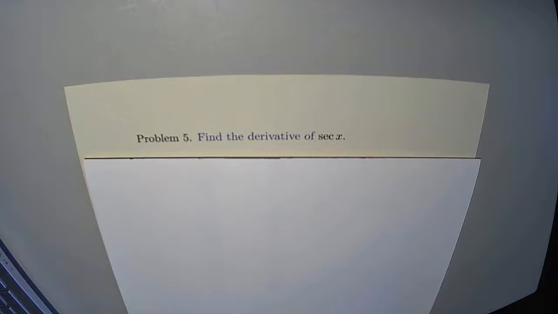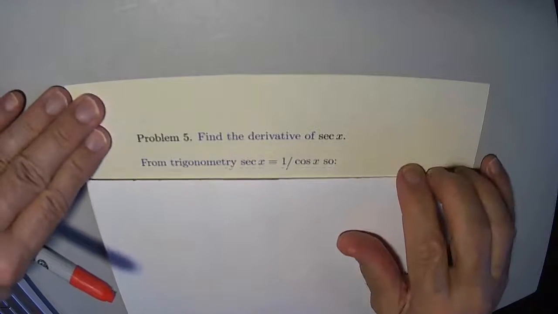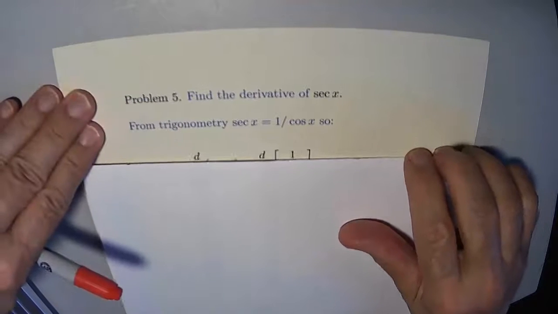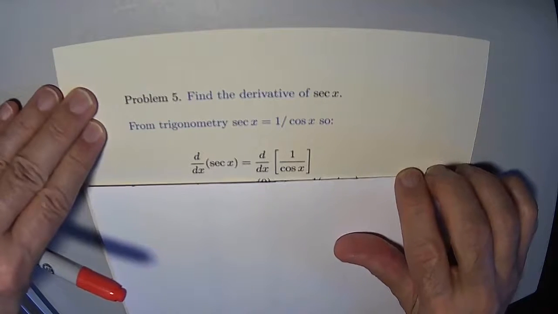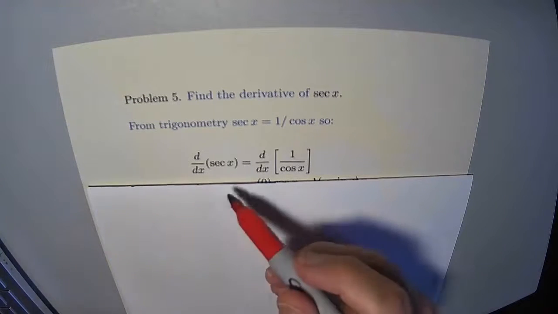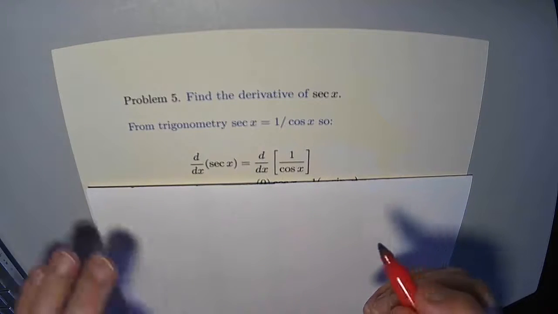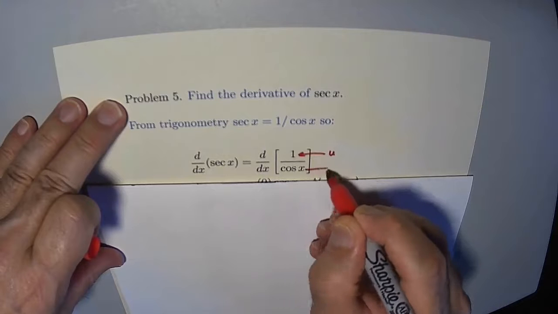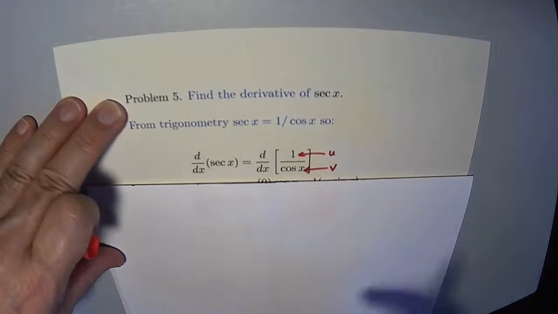In problem 5, we just find the derivative of secant of x. Secant of x is just 1 over cosine of x, so we use the quotient rule on this one. Derivative of secant, derivative of 1 over cosine. 1 is our u, and cosine is our v.